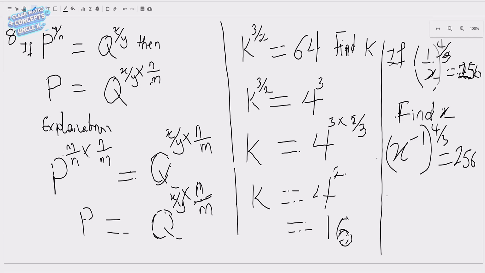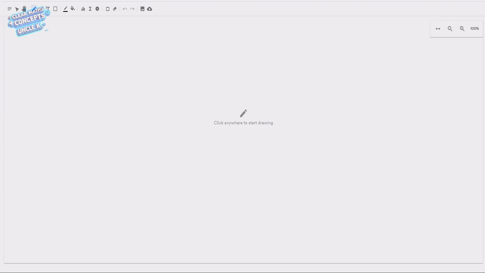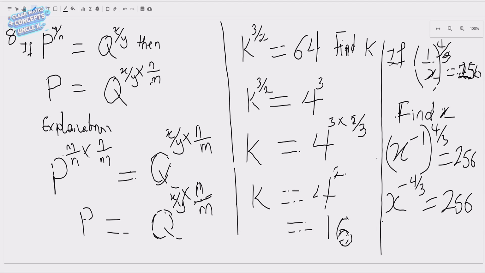So you have x to the power minus 4 over 3 is 256. 256 as an index is 4 raised to the power of 4. So x to the power minus 4 over 3 equals 4 raised to the power of 4.